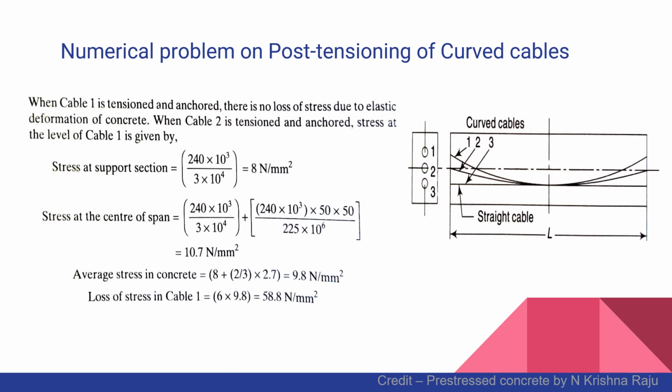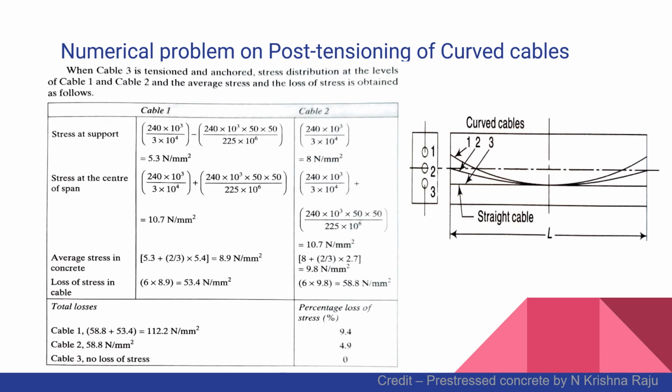The average stress in steel is calculated using formula stress at support section plus two-thirds of difference between stress at midspan and stress at support section. The loss of stress in cable 1 is calculated by multiplying modular ratio and average stress in concrete.